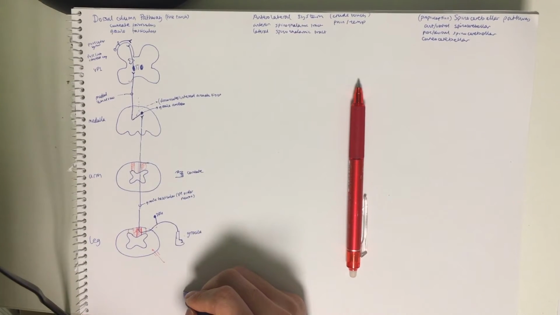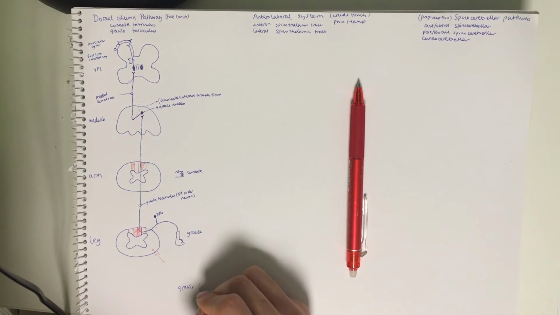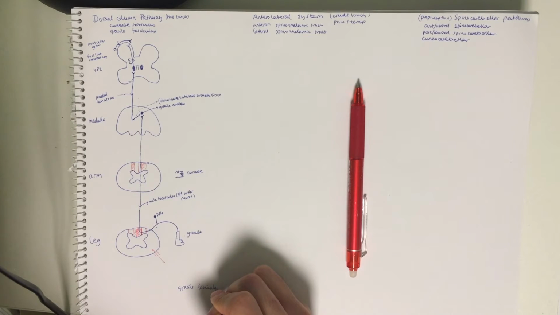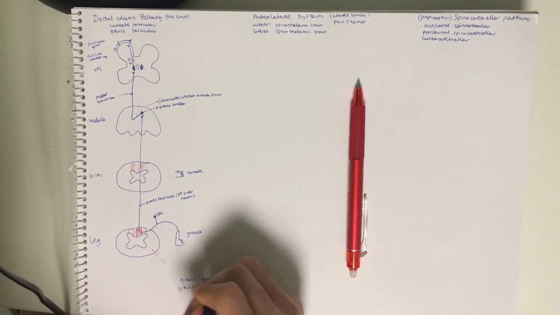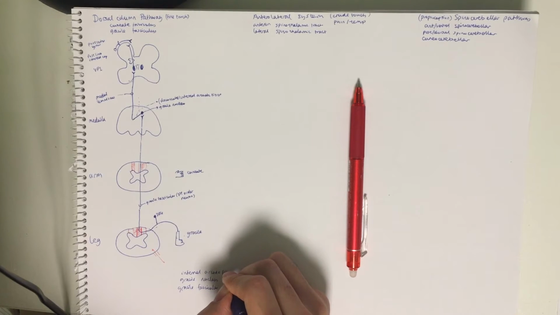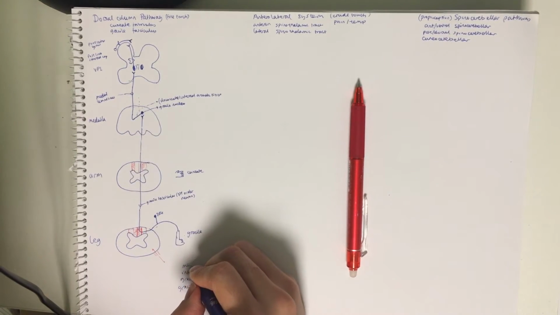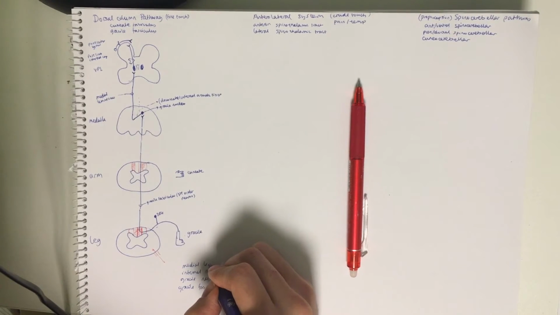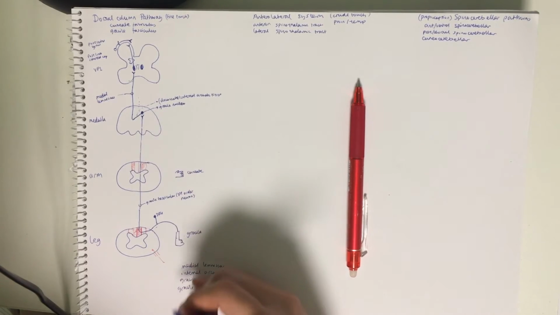But to break it down, the gracile, once it enters, it goes up as the gracile fasciculus, synapses at the gracile nucleus, decussates as the internal arcuate fibers, and it ascends as the medial lemniscus. So you can see all the pathway here.